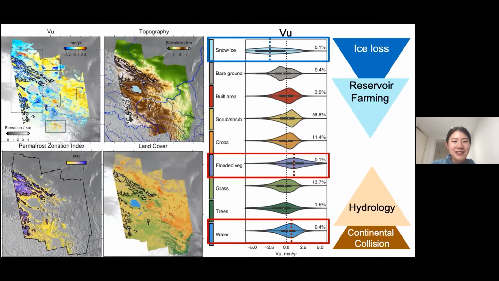So to summarize, in the vertical velocity map, we are seeing a lot of features that are to do with permafrost melting. So that's more like a climatic signal. And then reservoir and farming. So that is more anthropogenic signal.